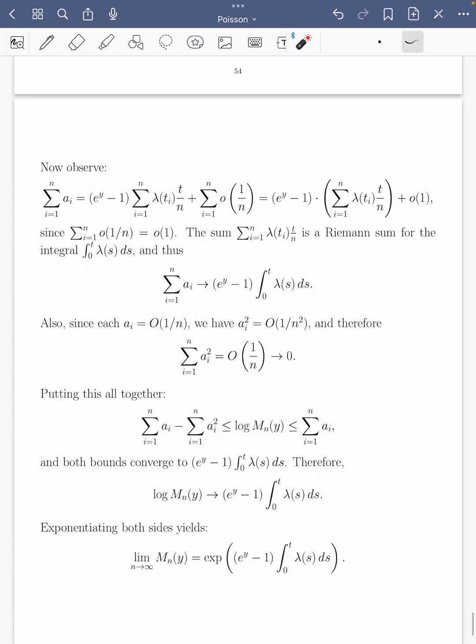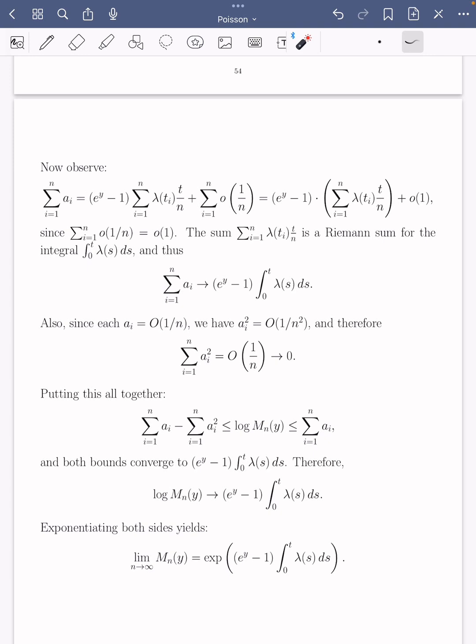Now we derive the sum of a_i as this. It can be rewritten as e to the y minus 1 times the sum of lambda t_i times t over n, plus little o(1). And this term is simply the integration of lambda from 0 to t.